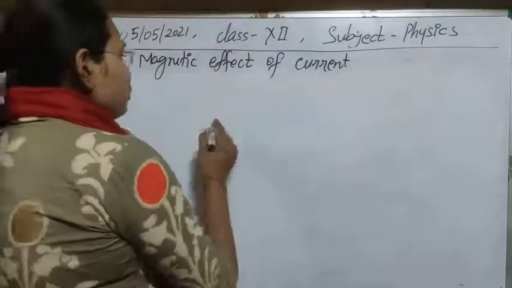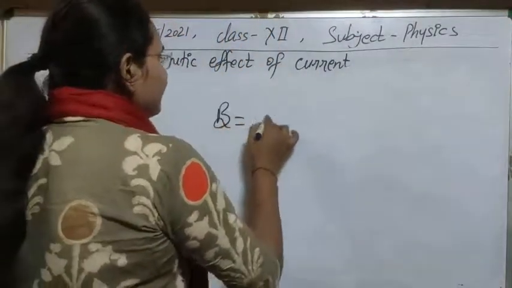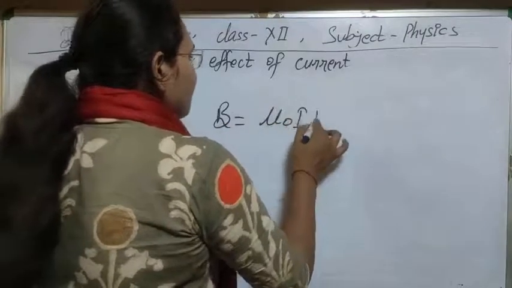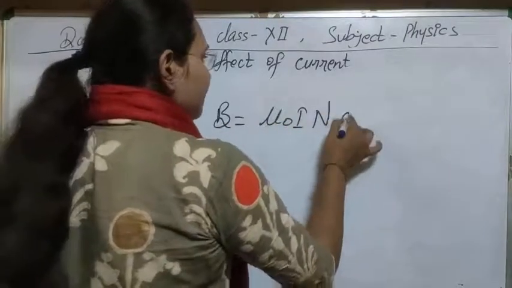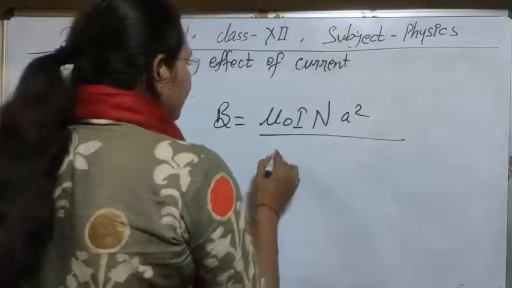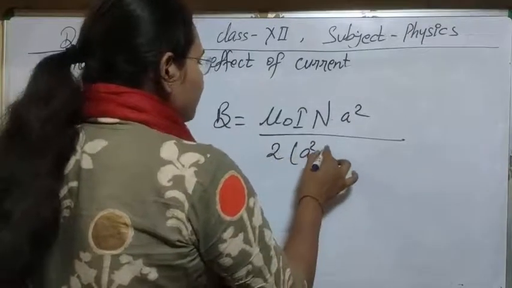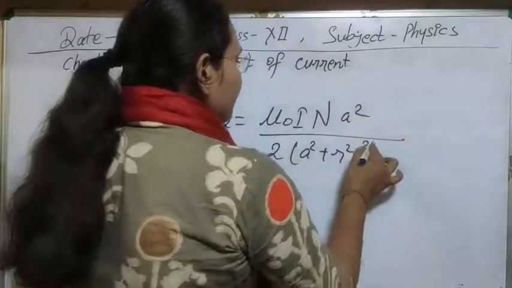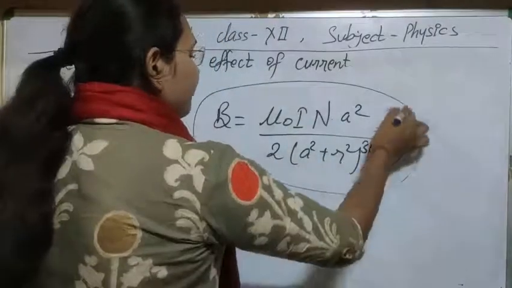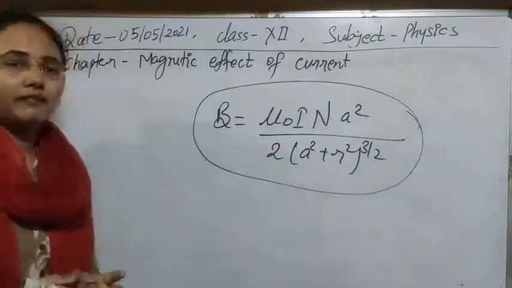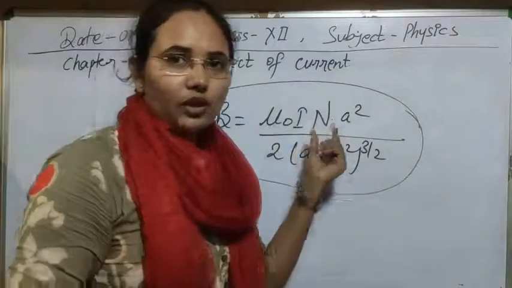So suppose we have n loops. Then the magnetic field can be written as mu naught I, and you multiply n directly here, over 2 times (a square plus r square) power 3 by 2. In the same manner, in the different cases you apply, n will also be multiplied.